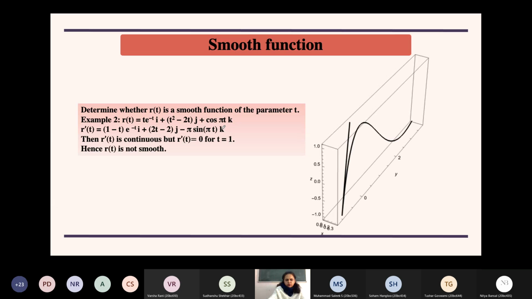And again, I have taken a small portion of the graph. So you can see that at this point, this would be the origin point or near the origin, when you take t equals 1. At that point, there is a sharp change in the behavior. So you would get situations like a cusp or a node.